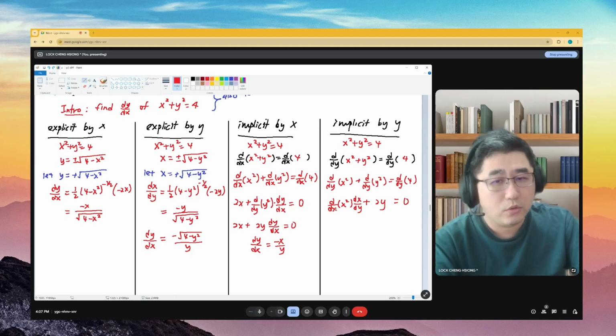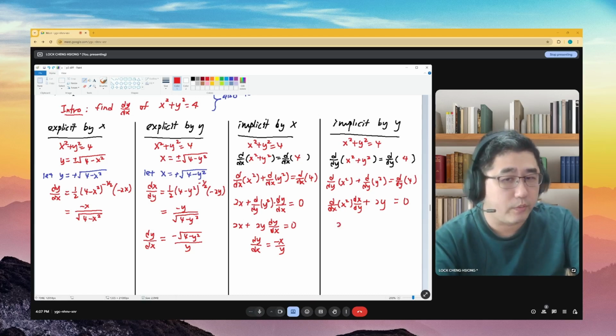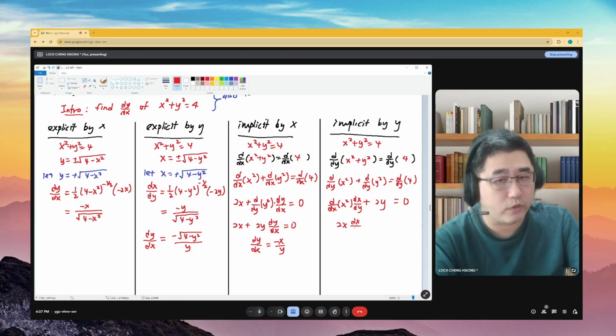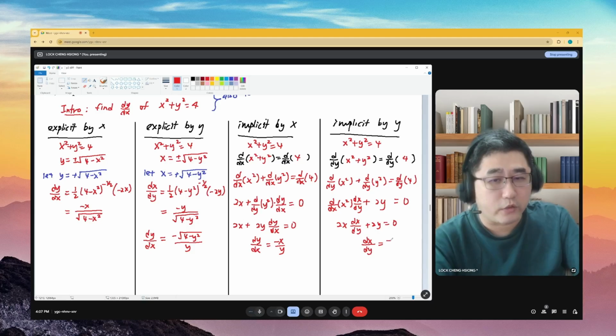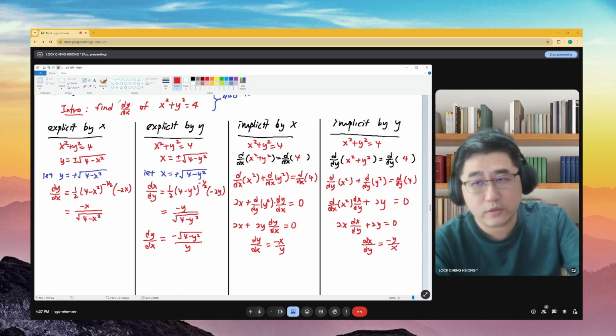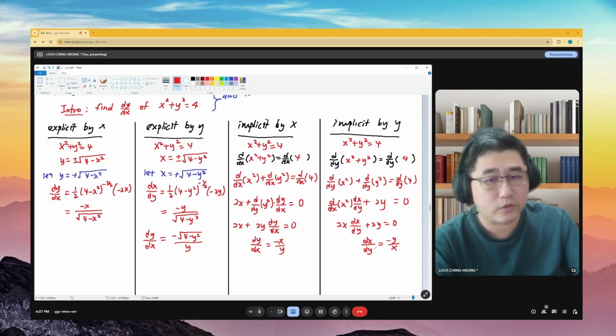So now you have d/dx of x squared, the same alphabet now. We can do differentiation. It becomes 2x dx/dy plus 2y equals 0. Simplify, I have dx/dy equals negative y over x. Since the question is asking for dy/dx, I flip them upside down. dy/dx equals negative x over y.